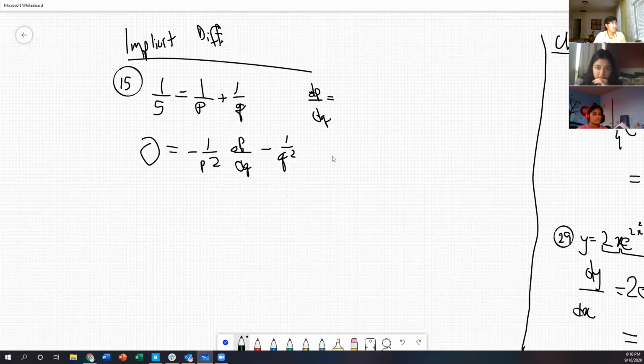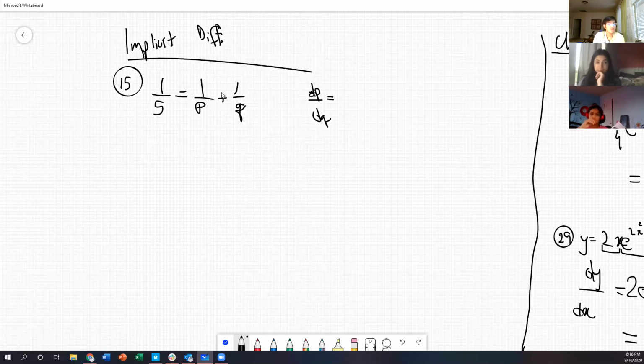Okay, I know why. This is one of those problems where instead of doing this, you want to solve for p first.